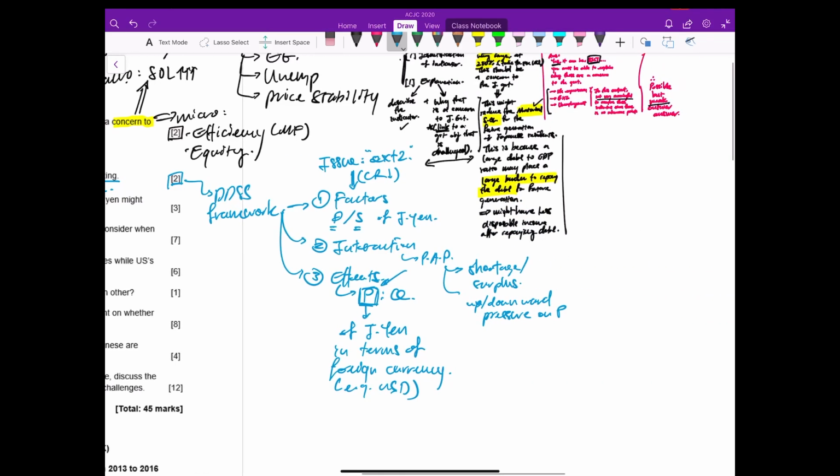But you need to know that the key focus of this question is identifying correctly whether the demand is changing or the supply is changing, or is possibly even both changing. How does it change and why? Then after you have done that, you can talk about the interaction and how that will lead to the effect, which is Japanese yen falling.